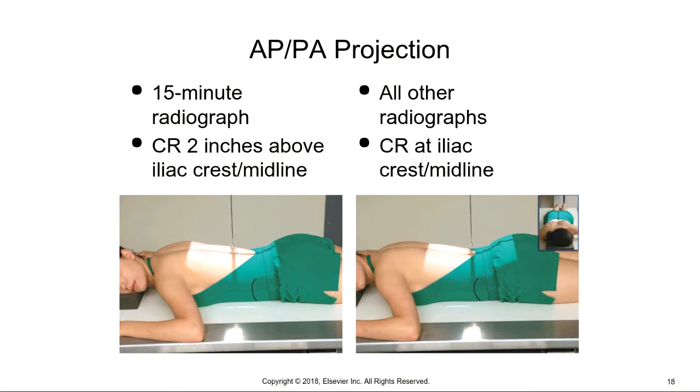Honestly, I usually end up laying them on their back because that's just easier. But in this particular picture, notice she is laying on her stomach, which is fine. The central ray for this is actually 2 inches above the iliac crest and midline. These pictures are on page 513, where it shows you a PA of the bowel.